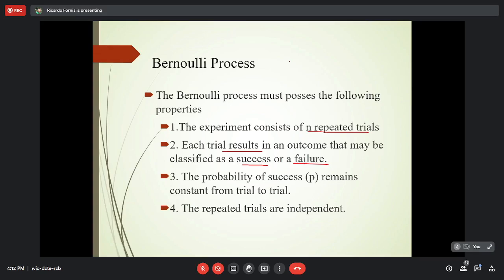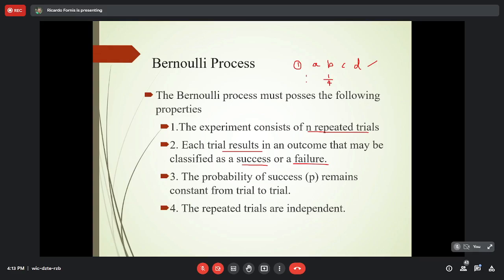For example, if you are going to answer a multiple choice question with 4 choices, of which only one is correct, the probability of getting a correct answer, if you choose correct as the success, is calculated as 1/4.